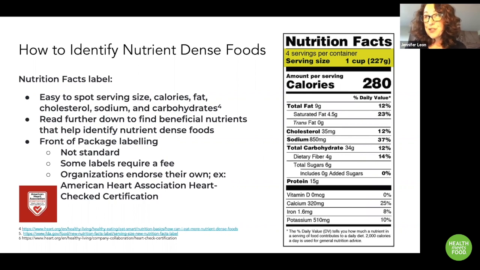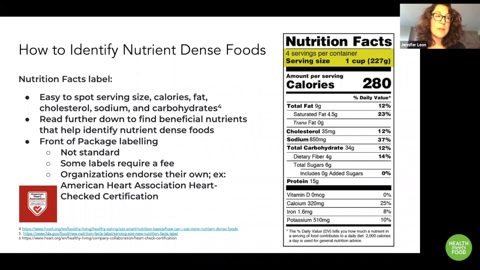Moving on to the sugars. I know I'm spending a lot of time on this label, but since we do eat so many packaged items, it's really important for our patients to be able to identify what is in their packaged item. For sugars, this is a new component of the nutrition facts label. This was not on the previous nutrition facts label from a few years ago. They've included added sugars, and that is really helpful.